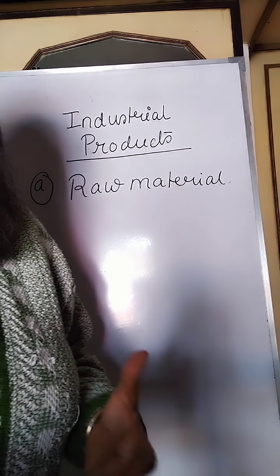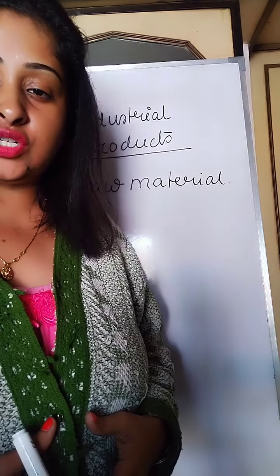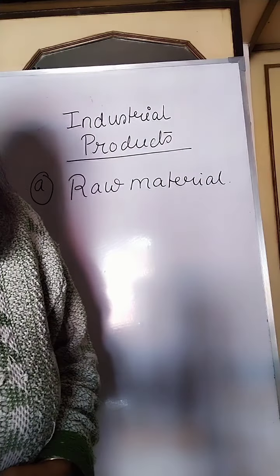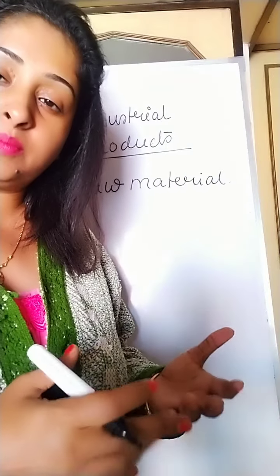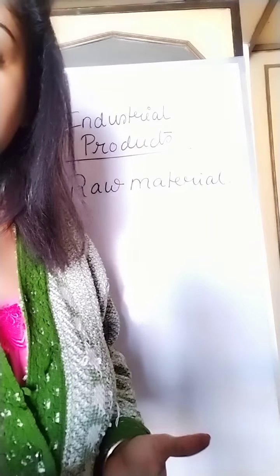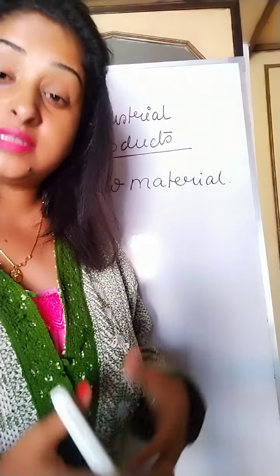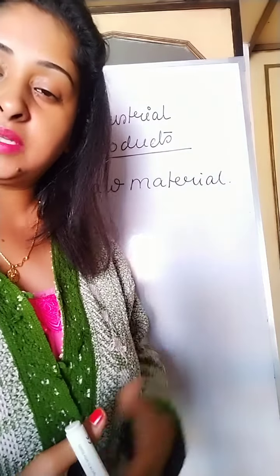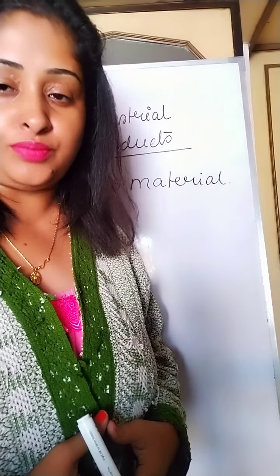Raw materials are usually bought and sold in large quantities according to grades and the specifications given. Raw materials include agricultural products, forest products, minerals, and chemicals. All sorts of these things consist of raw materials. That is the first kind of industrial product.